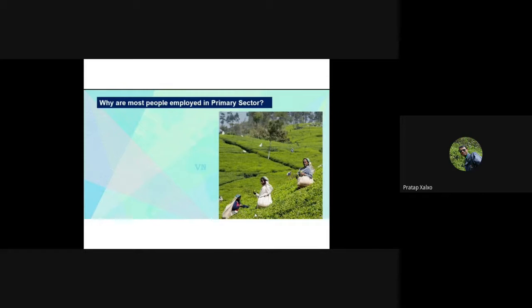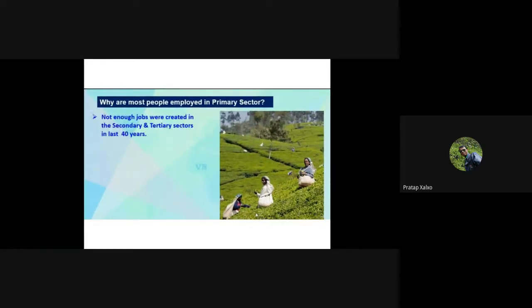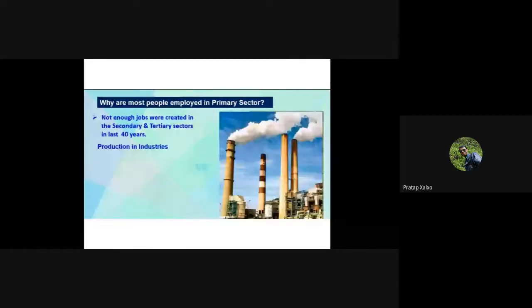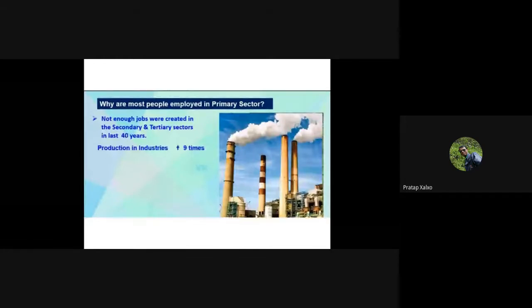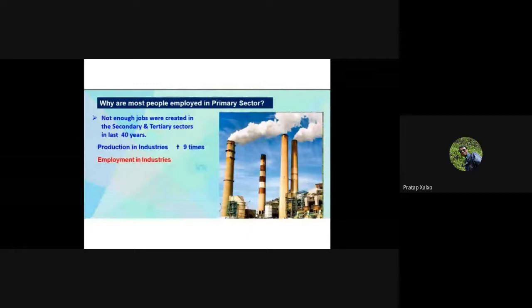Now, why are most people employed in the primary sector? The reason is not enough jobs were created in the secondary and tertiary sectors in the last 40 years. Production in industries increased 9 times, but employment in industries has increased only 3 times.